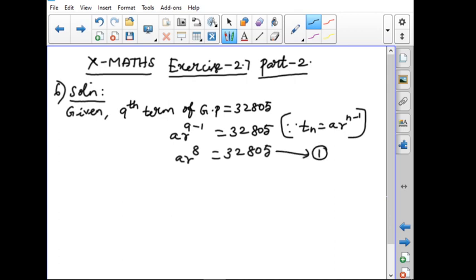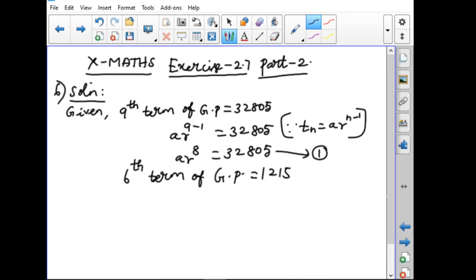Next, they have given the sixth term. So you have to write: sixth term of GP equal to 1,215. The same thing, the general term is A R power n minus 1.